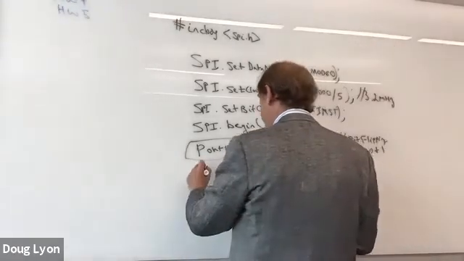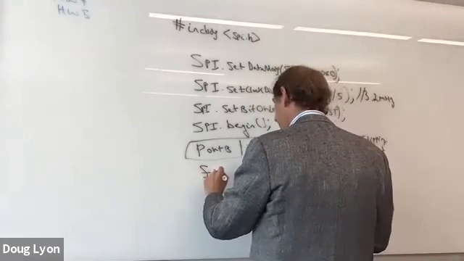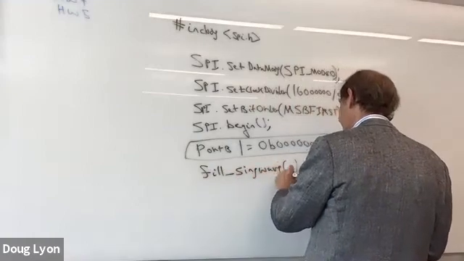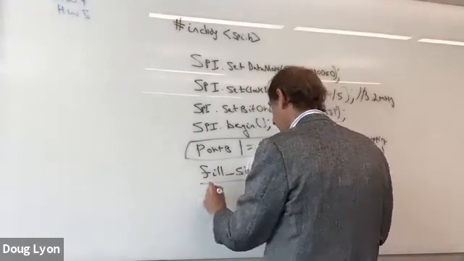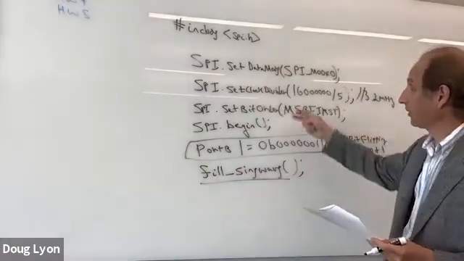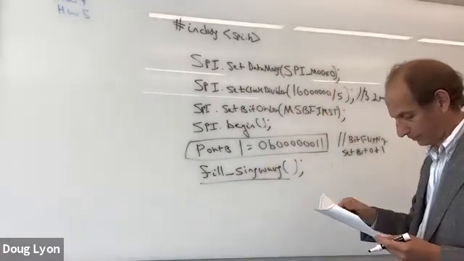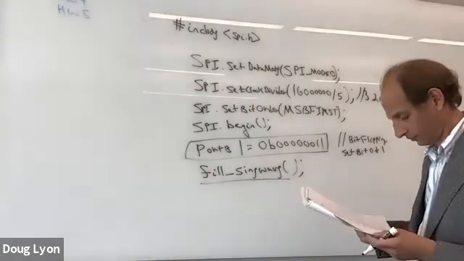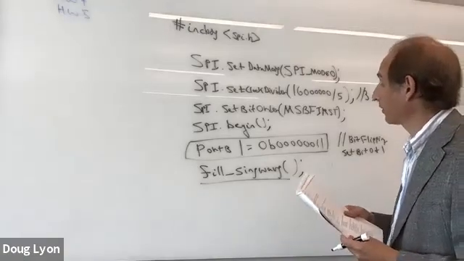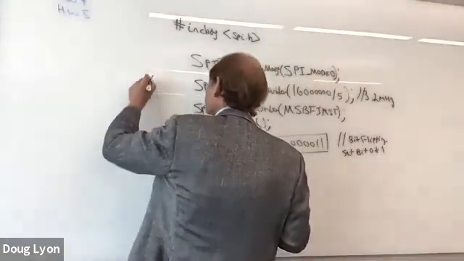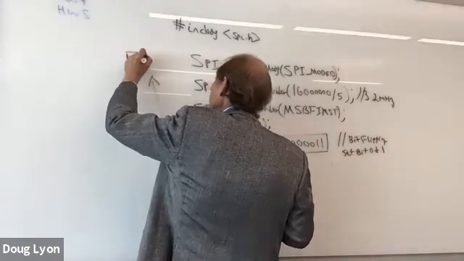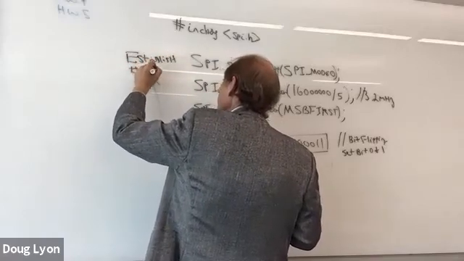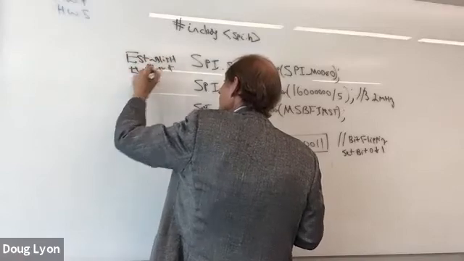After you're done with the setup, you can call, as part of your setup, fill the sine wave. And once you're done filling up the sine wave and setting up your SPI ports, there are a few other things you need to do to establish the timers and the interrupt.